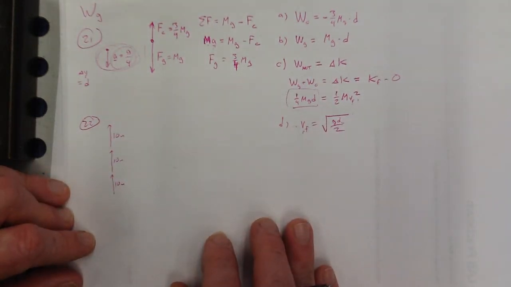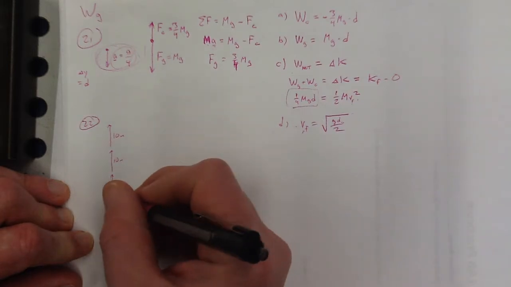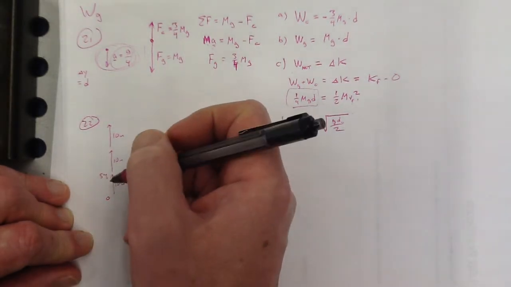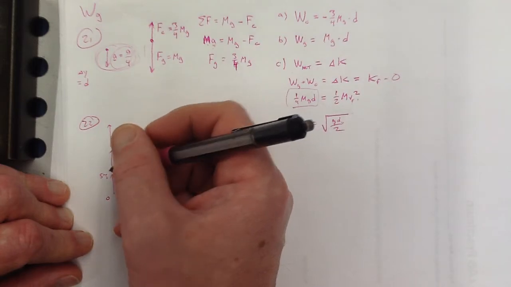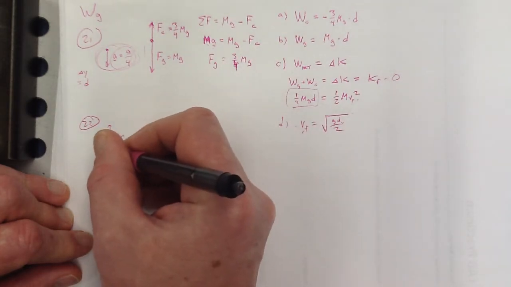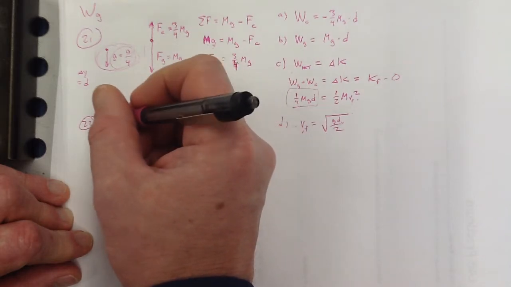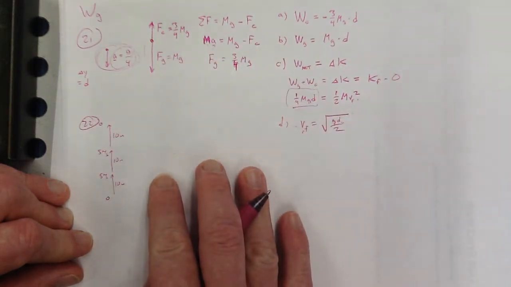The initially stationary spelunker is accelerated to a speed of 5 meters per second in the first stage, so we're going from 0 to 5 meters per second. And then cruising here, so the forces are balanced, and then back to 0.